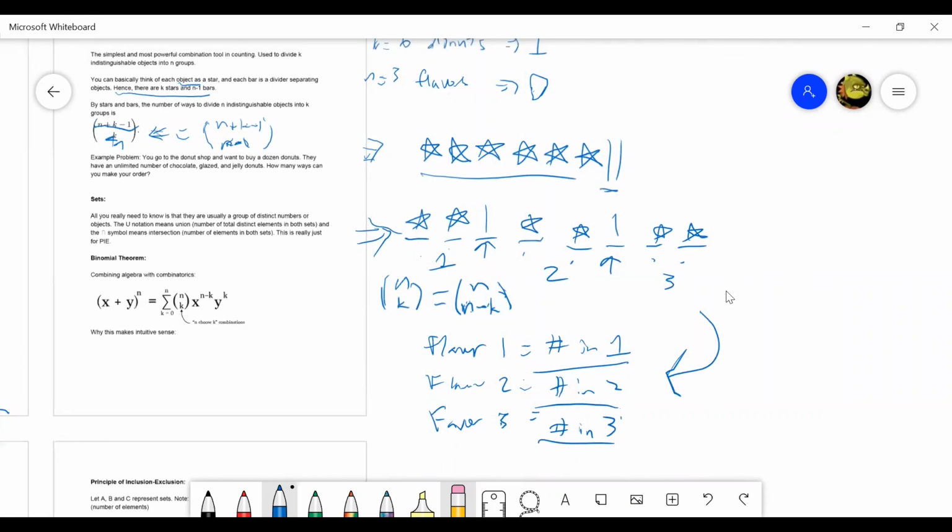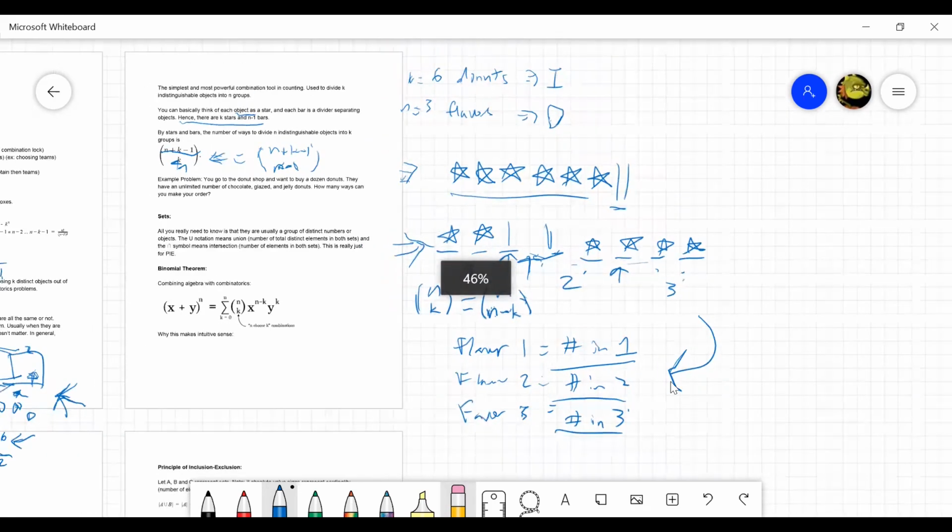And so I hope that you can see that this method does actually get every possible case. If you're wondering how you can get a case where there's 0 in one of the flavors, so like you get none of one flavor, then you can just have 2 bars next to each other, so the first section would have 1, section 2 would have nothing, and section 3 would have 4.